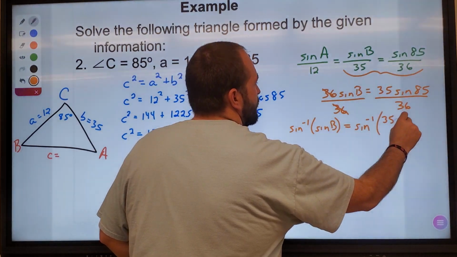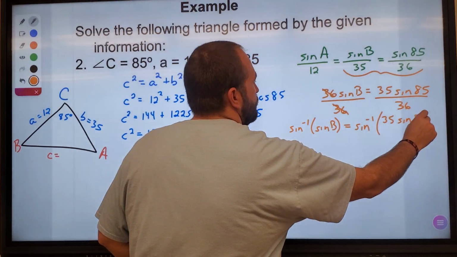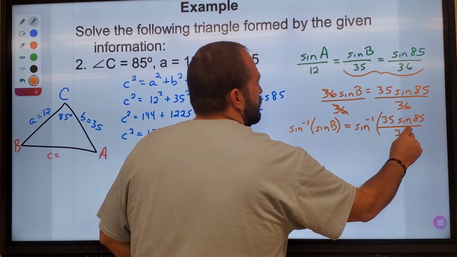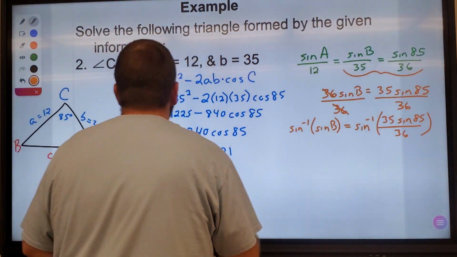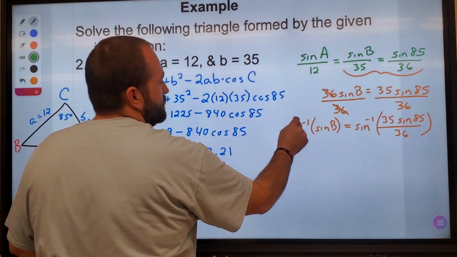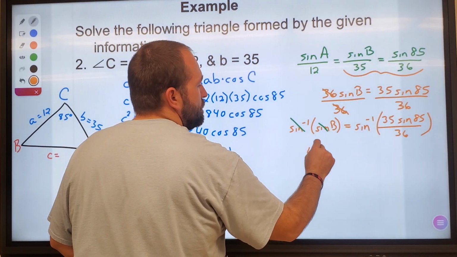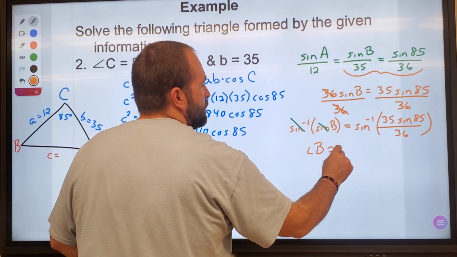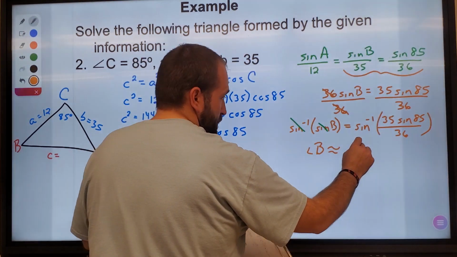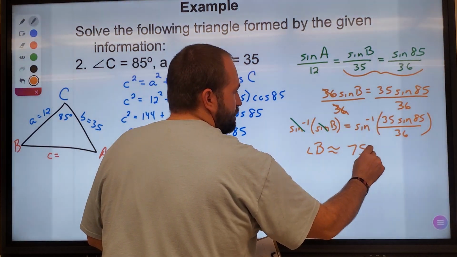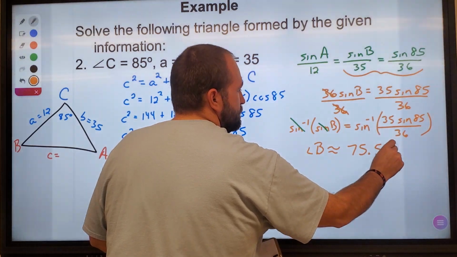So 35 sine 85 over 36. And again, these cancel out. So we have angle B is approximately 75.59 degrees.